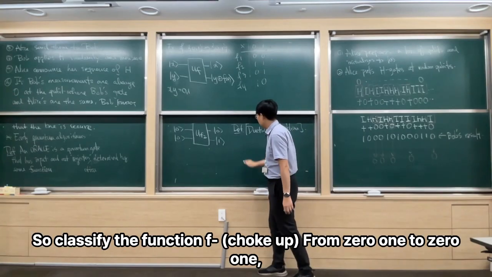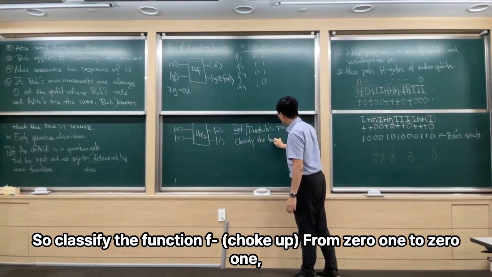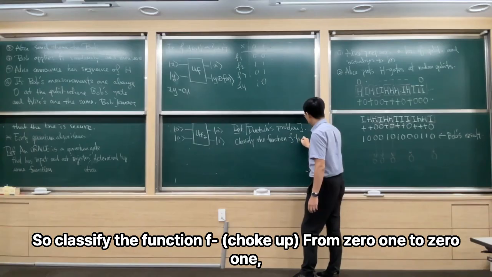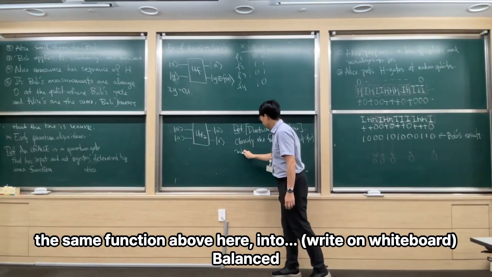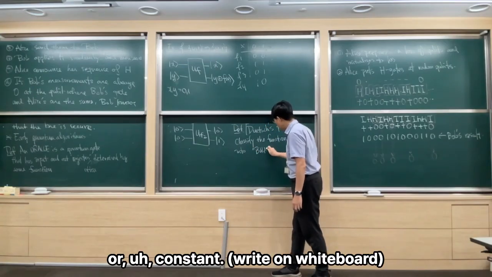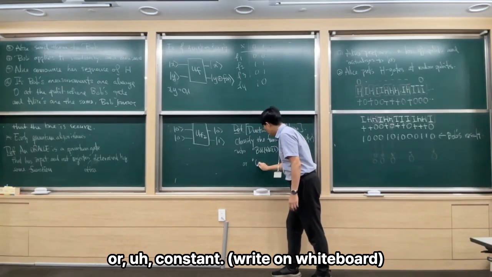Classify the function from {0,1} to {0,1}, the same function above here, into balanced or constant.